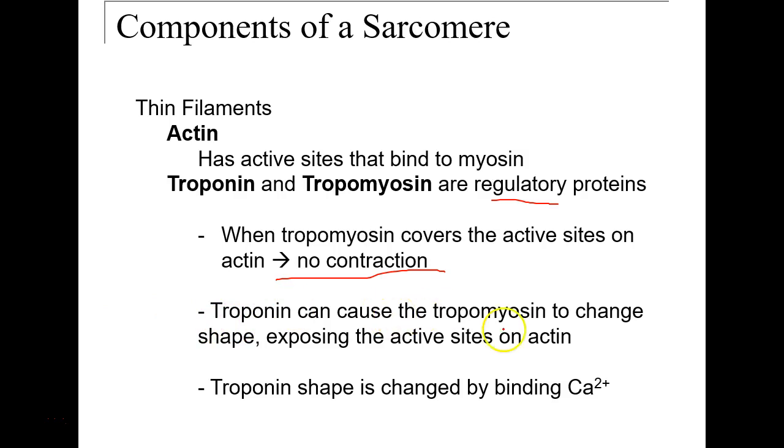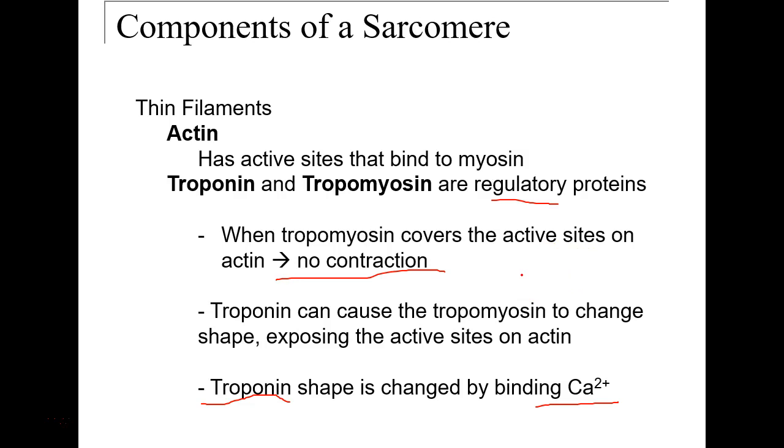Troponin can cause the tropomyosin to change shape, which will expose that active site on the actin. For this to happen, we have to have calcium to bind to troponin. So if calcium combines to troponin, this causes troponin and tropomyosin to change shape, which allows for that active binding site to be exposed, so myosin can attach and cause a contraction.